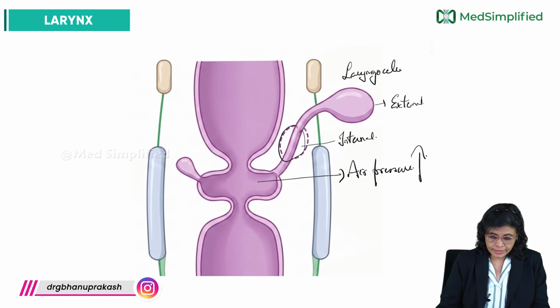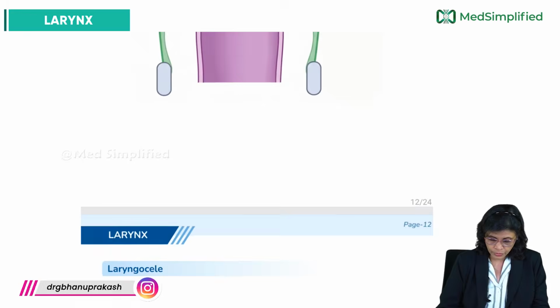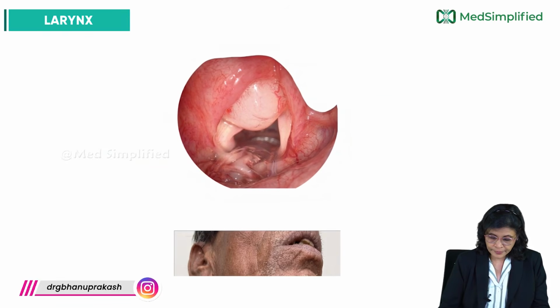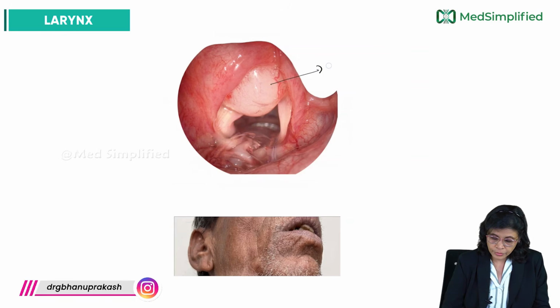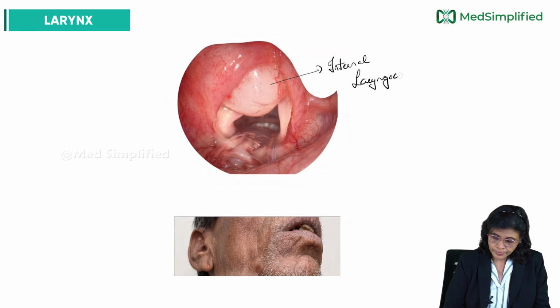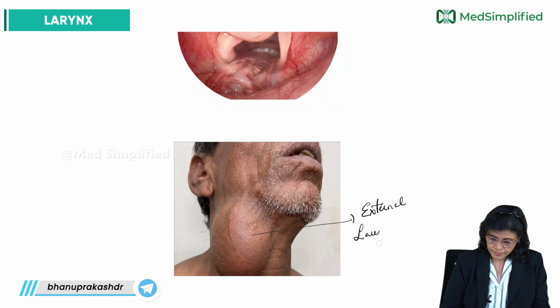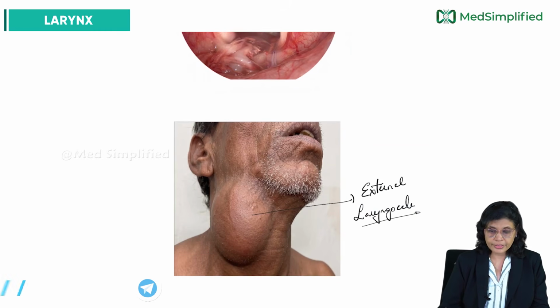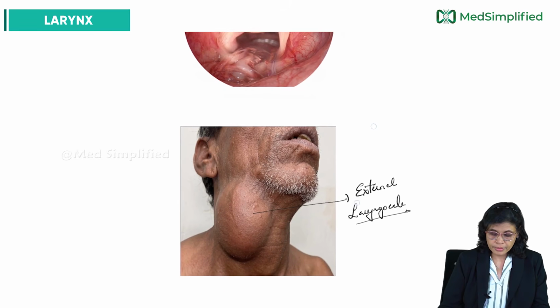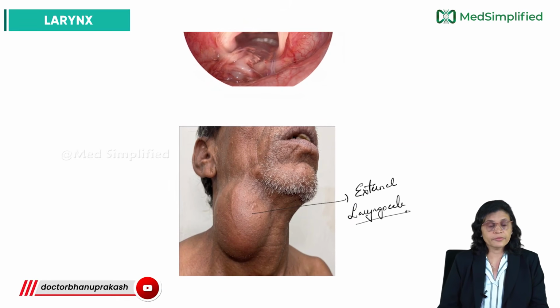This is a clinical condition associated with the saccule. This is a kind of internal laryngocele, and here we see the external. This is a common clinical condition we see.